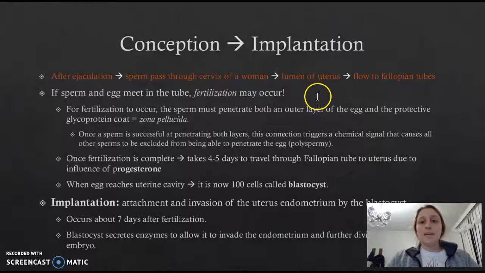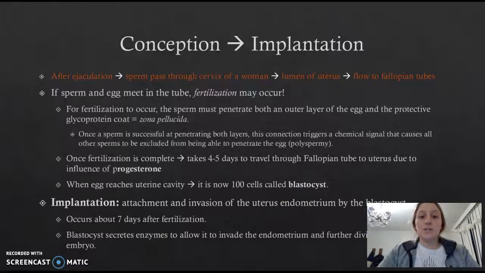If the sperm and egg meet in the tube and fertilization occurs, the sperm must penetrate both the outer layer of the egg and the protective glycoprotein coat called the zona pellucida. Once a sperm is successful at penetrating both layers, this connection triggers a chemical signal that causes all the other sperm to be excluded from being able to penetrate, and this is called polyspermy.